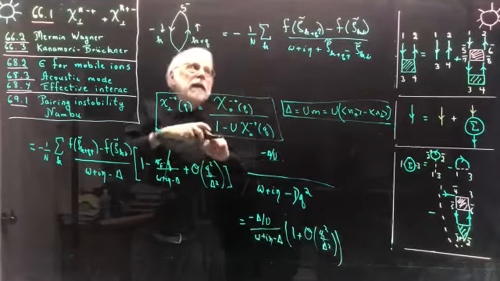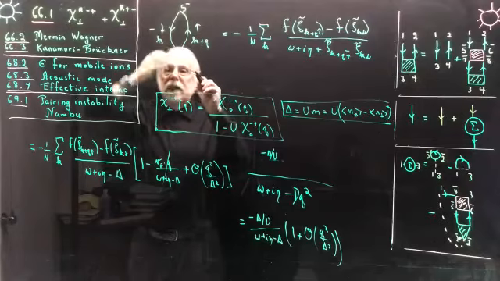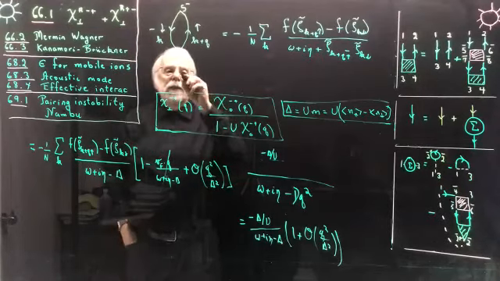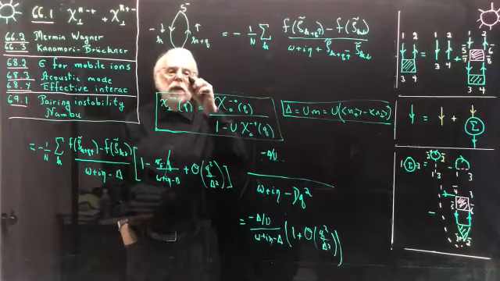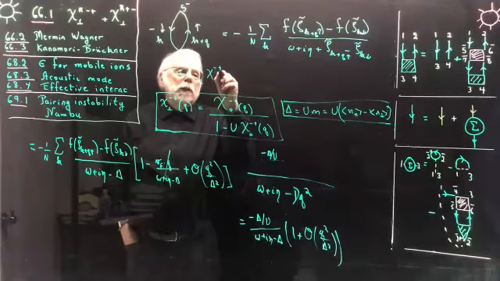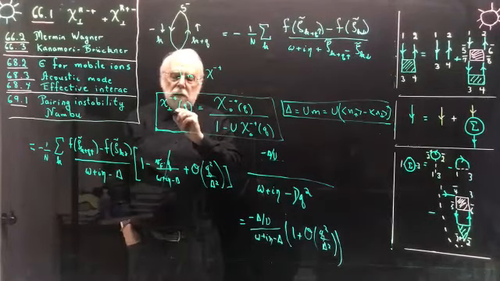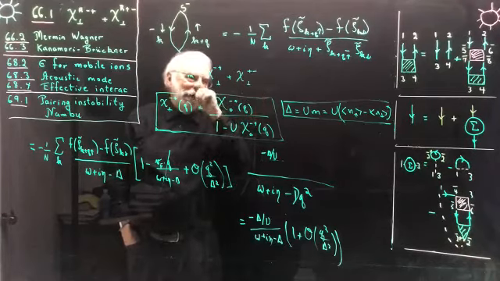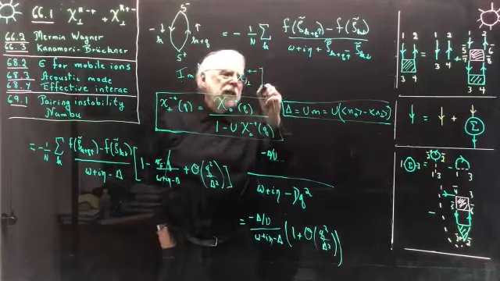So we said that to get sx squared plus sy squared, I need to add these two things. So if I take the imaginary part of chi minus plus perpendicular plus chi plus minus perpendicular, this will be what?